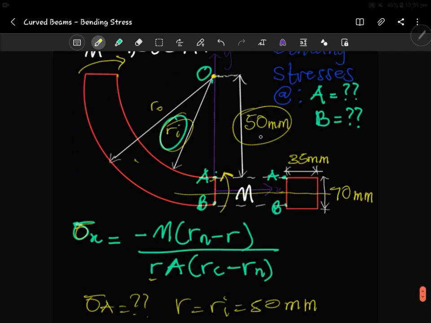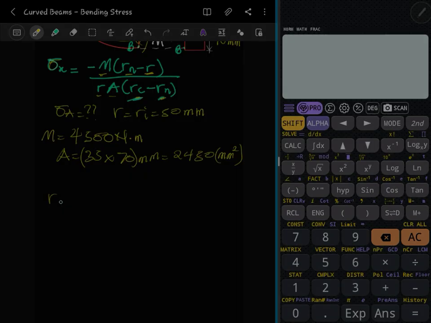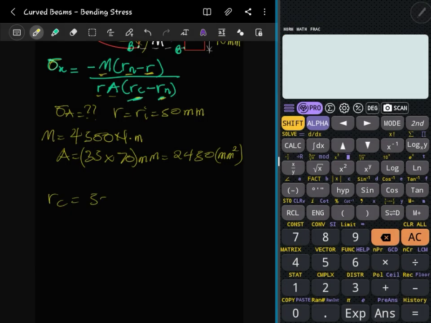It will be this 50 here plus half of this 70. We move 50 from the center of curvature to here, and then we move half of the 70, which is 35. So that gives us 85. So Rc is 50 plus half of the 70, which gives us 85 mm.